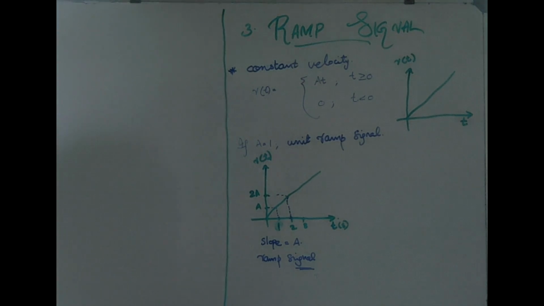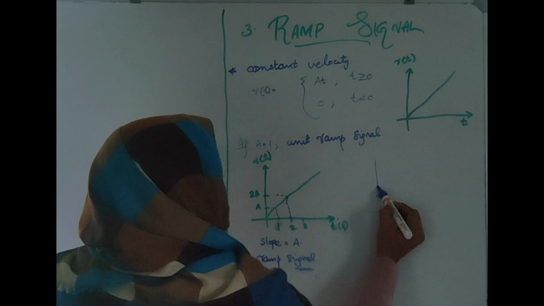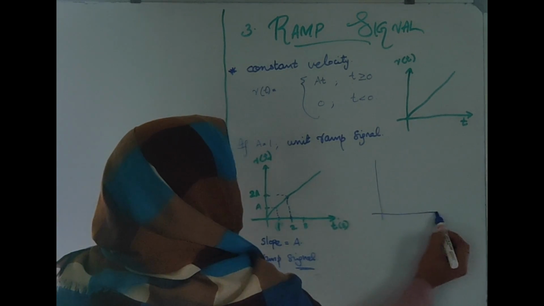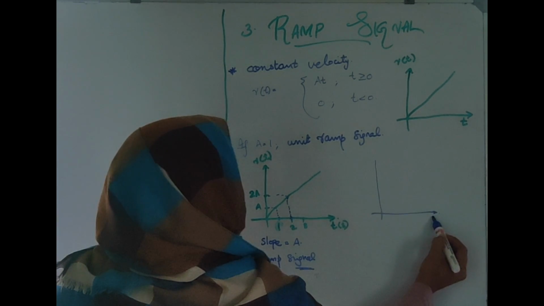So what happens if a is equal to 1? The slope will be 1.